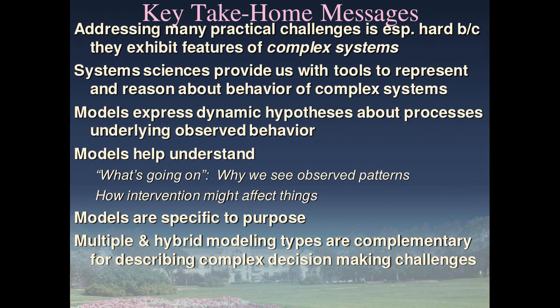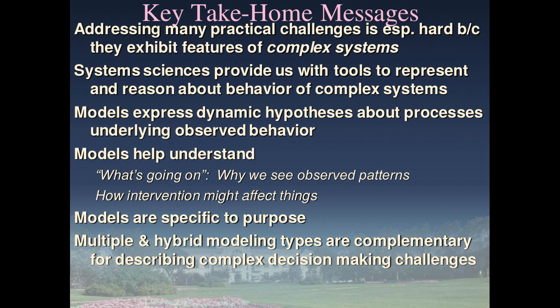System science provides us with these tools to represent and reason about the behavior of complex systems. We saw that representation of person and name earlier. And system science provides us with the tools to then reason about its behavior over time by running that model.